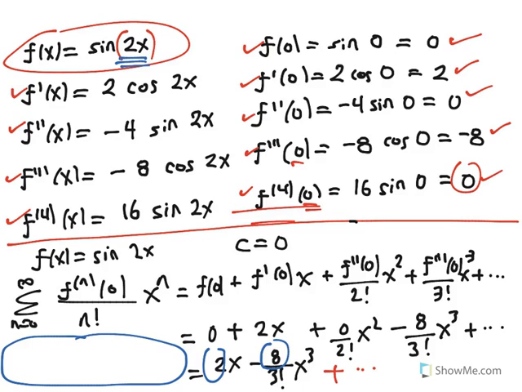So you can write the general nth term and represent the Taylor series centered at 0 using summation notation, and compare that to the summation notation for the Taylor series for f of x is equal to sine of x centered at 0. You may notice some pattern as you go from f of x is equal to sine x to f of x is equal to sine of 2x. And we'll be talking more about this in the lessons to follow.